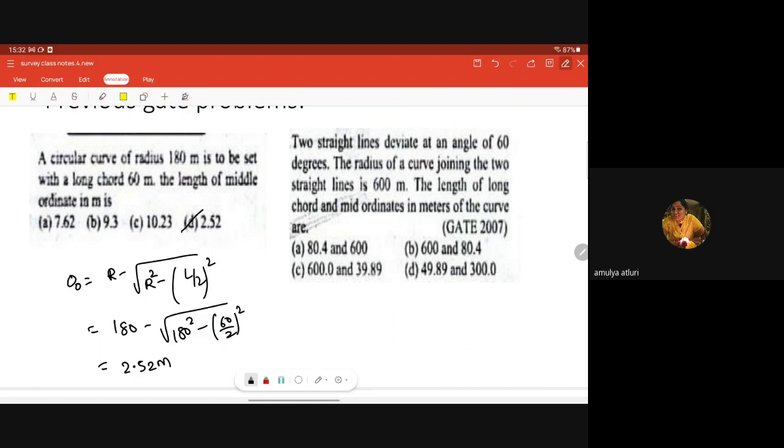Next, two straight lines deviate at an angle of 60 degrees. The radius of the curve joining the two straight lines is 600 meters. The length of the long chord and the mid ordinate in meters of the curve are.